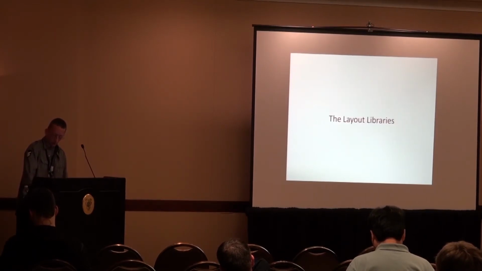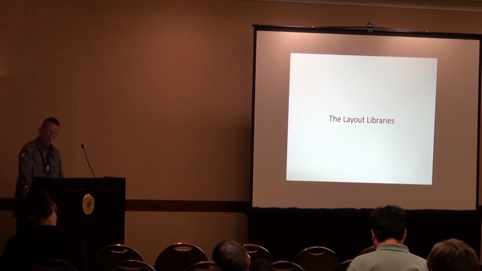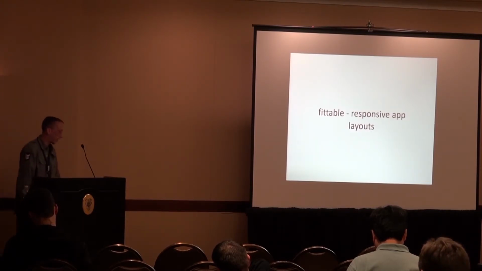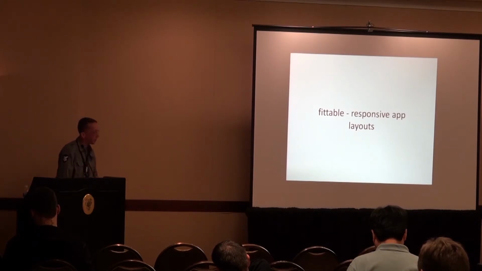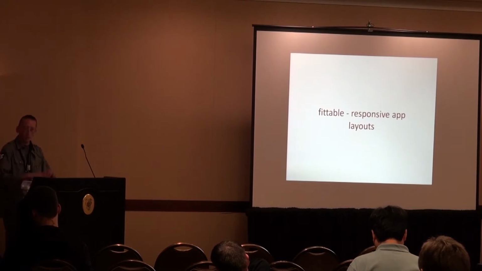Okay, so that was all what's included in the core, right? Now we get into an extra piece called layout library. It gives us a few things. We have a couple of responsive kinds. My favorite one is called panels. The sampler app I just mentioned is all written in panels.